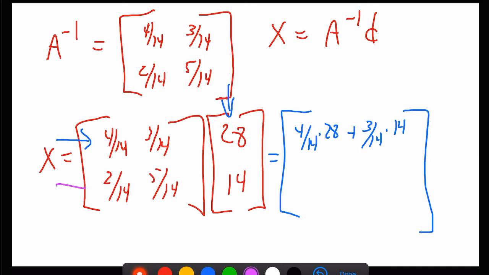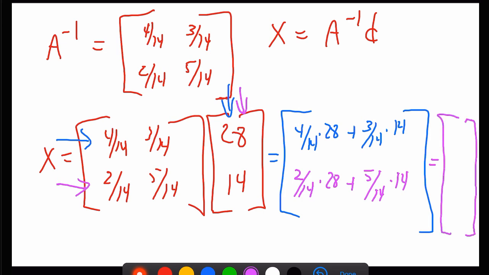And then again, row and column. 2 14ths times 28 plus 5 14ths times 14 equals, yeah, that's 8 and that's 3, so that's 11. And that's 4 and 5, which is 9. Pretty exciting? And 11 and 9 should be the answer. Okay?